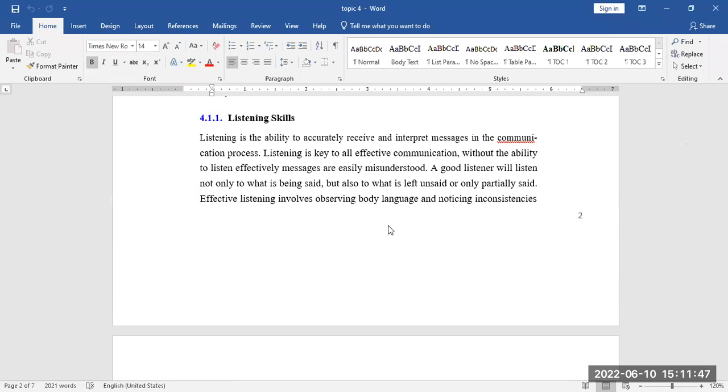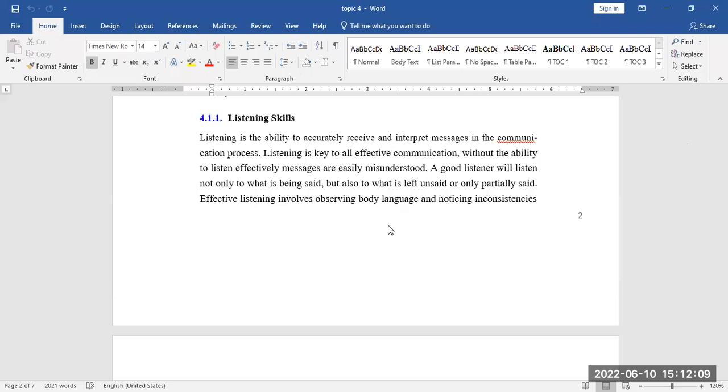But apart from getting the message that I've told you, you can even read between the message what is wrong. So a good listener is the one who not only listens to what is being said, but also to what has been left unsaid or only partially said.